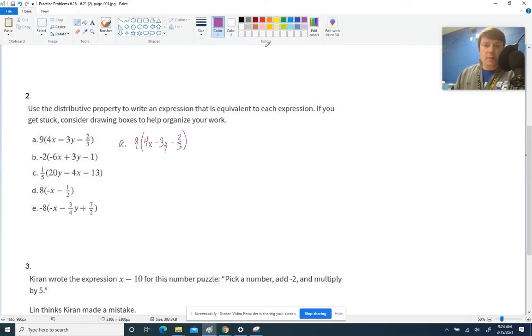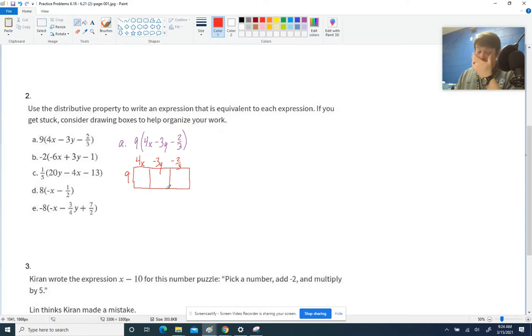So, for instance, on this first one, let me do an example that we did in class, which is to use the area of a rectangle. And I'll only do this on the first one. All right, so we could think of this as 9 being multiplied by 3 different sized rectangles. A 4x, a take away 3y, which is negative 3y, and a take away 2/3.